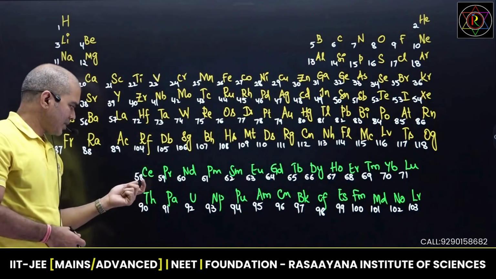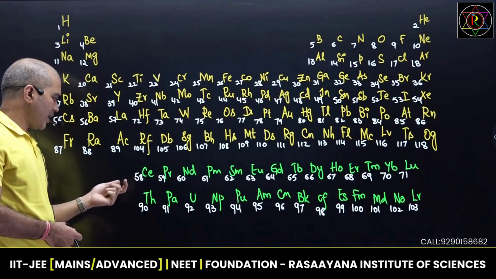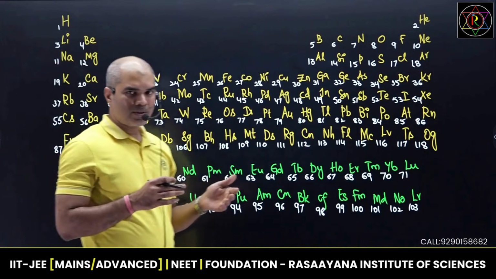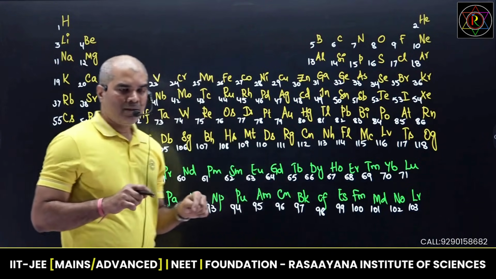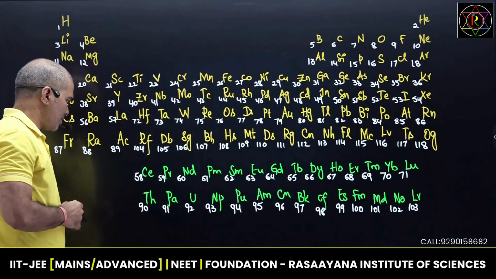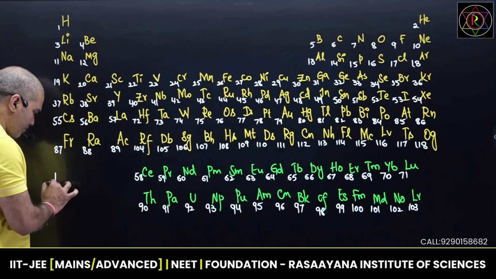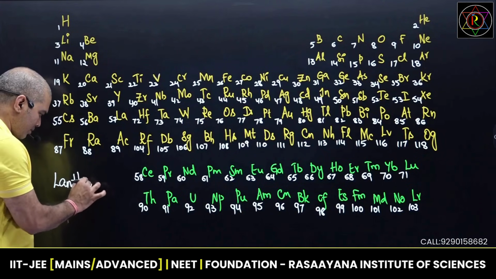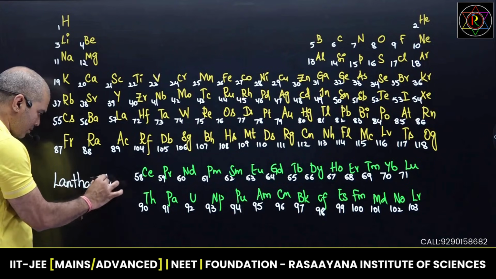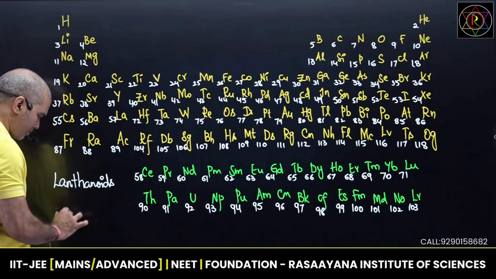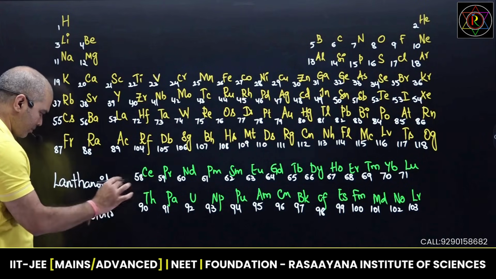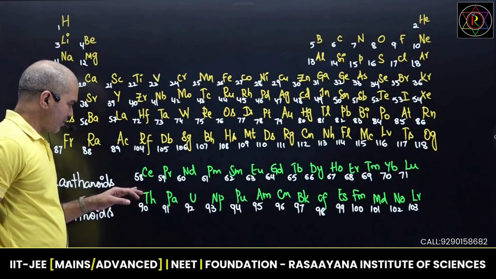Let us also study about the lanthanoids and actinoids. There are different names given for them: lanthanones, actinones, lanthanides, actinides, but we can better call it as lanthanoids and actinoids, or lanthanones and actinones. So what are these lanthanoids and actinoids?